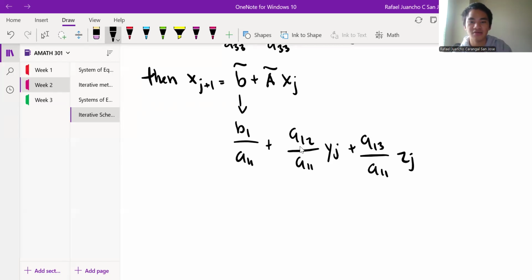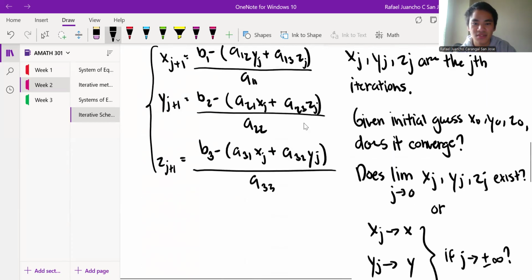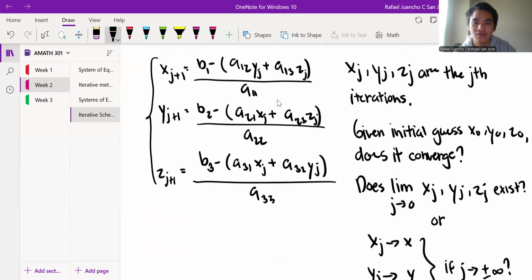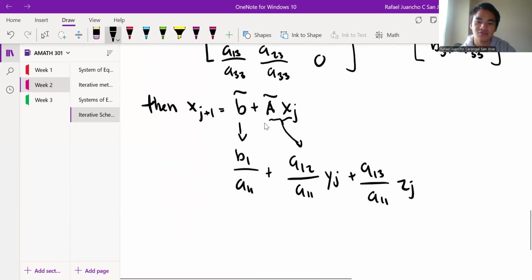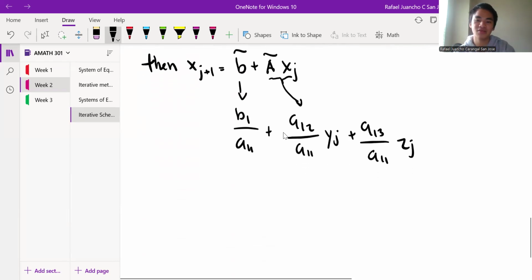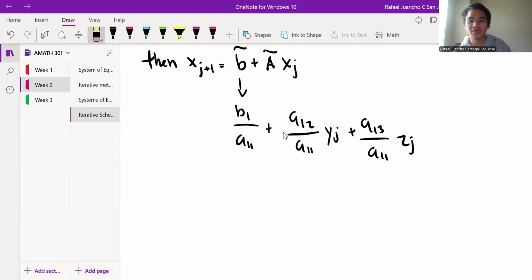So this one, A and x, are basically these ones. Is that the same? Oh, it is the same. So that's where they got the formula. I just tested it out to see if it works.